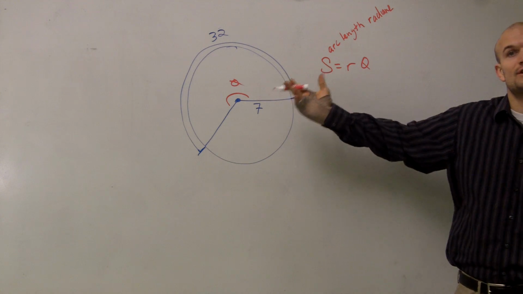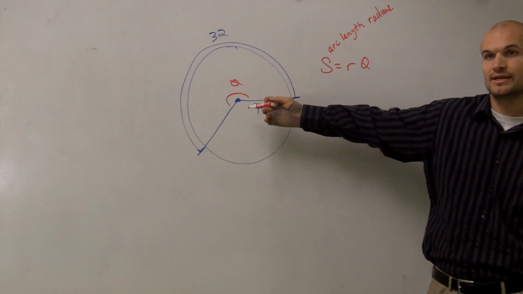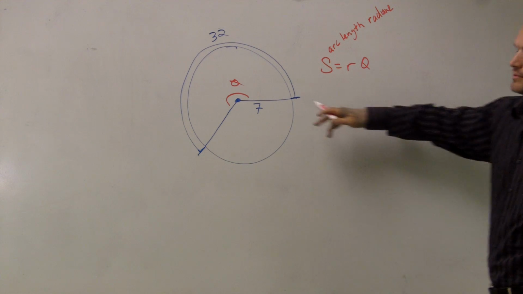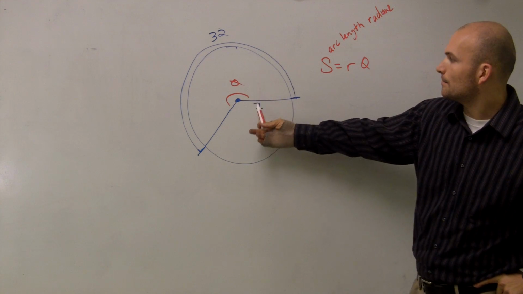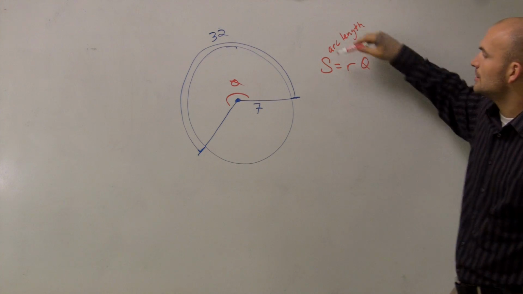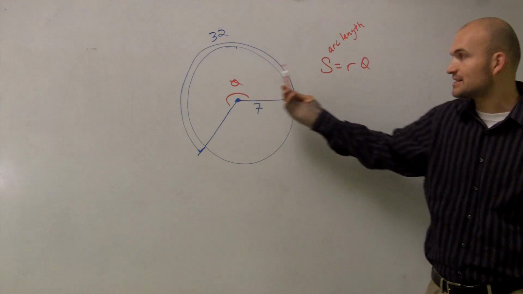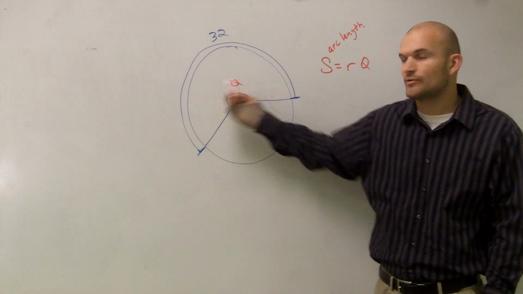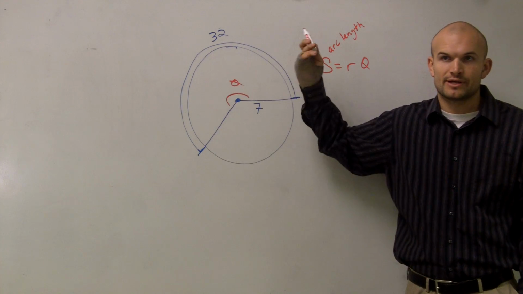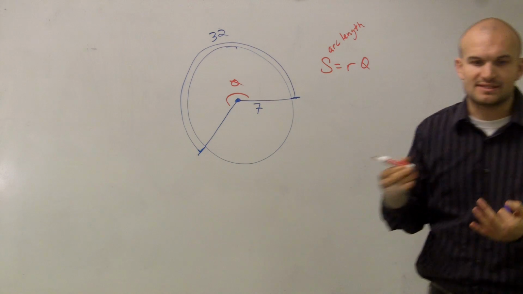It's not 32 radians. Your arc length is not your radian measure, but it's the length from here to there. What I'm saying is your theta has to be in terms of radians to find the length of that arc.